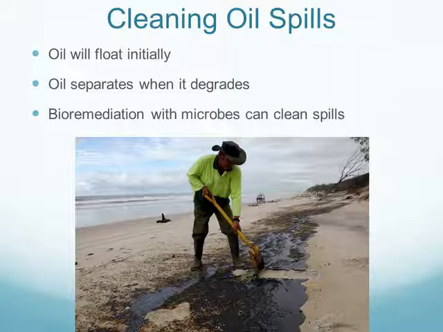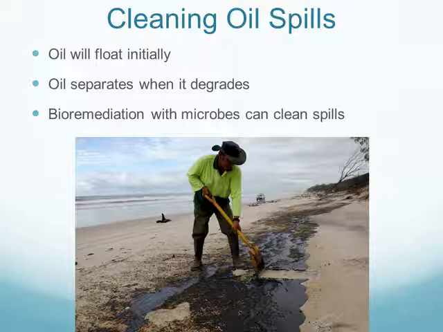But if it takes a while for rescuers to go to the location of the oil spill to clean it up, eventually the sun will separate the oil as it degrades, and it will separate it into its different components. So for instance, crude oil, which is what you see in the image right here on the beach, when it degrades, it breaks up into a number of different products.